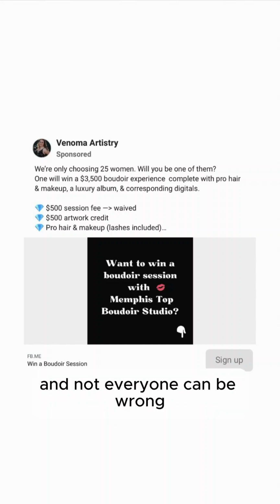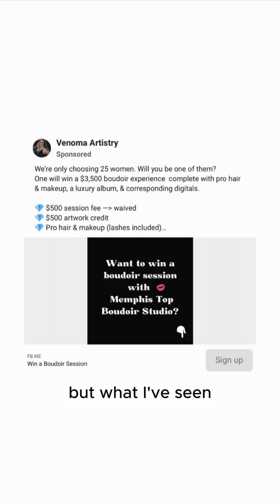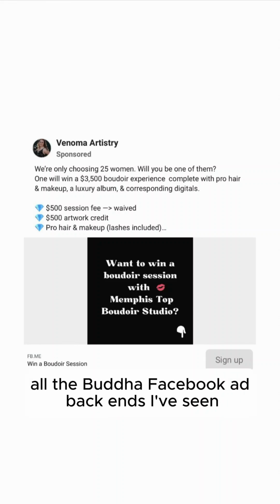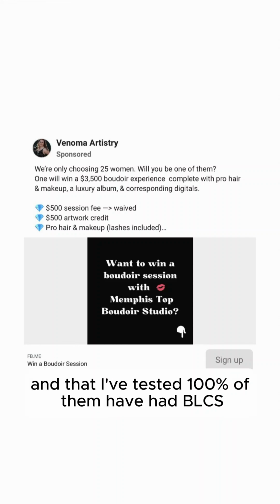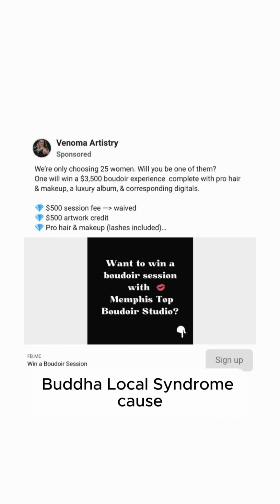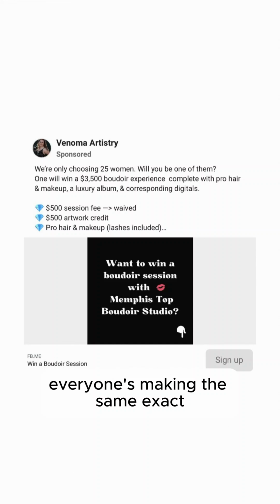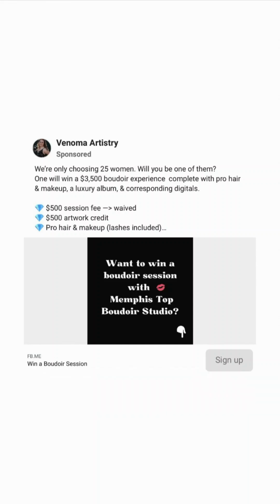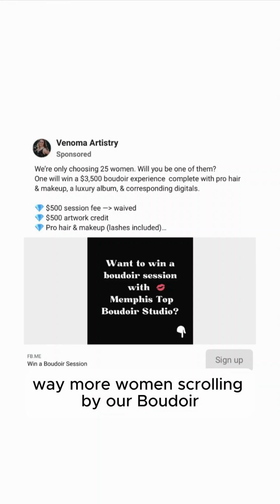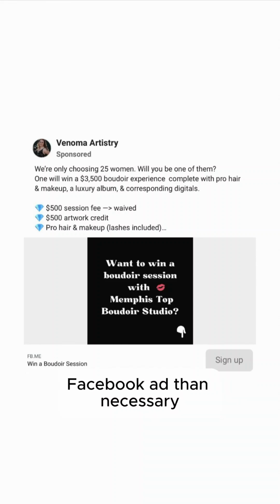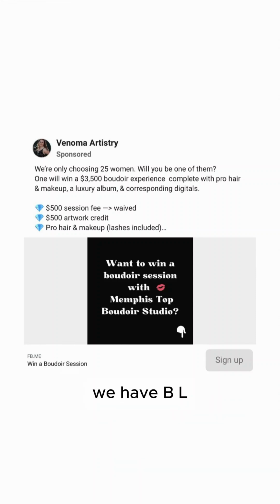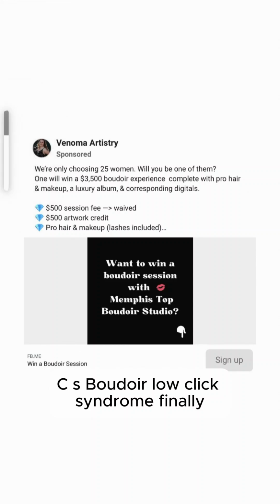They look like ads as well, and not everyone can be wrong, can they? But what I've seen, all the Boudoir Facebook ad back ends I've seen and that I've tested, 100% of them have had BLCS, Boudoir low click syndrome, because everyone's making the same exact mistakes as everyone else. So the consequence of this: way more women scrolling by our Boudoir Facebook ad than necessary, pulling our unique CTRL under 6%, and increasing the probability we have BLCS, Boudoir low click syndrome.